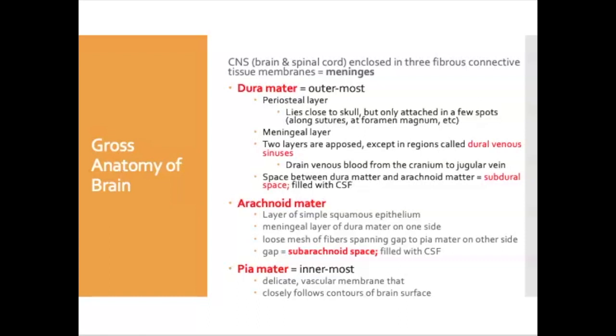We give this space a name. We call it the subdural space. You may have heard of the term subdural hematoma. That is a form of brain injury where blood starts to pool in the subdural space, forming what we call a hematoma.